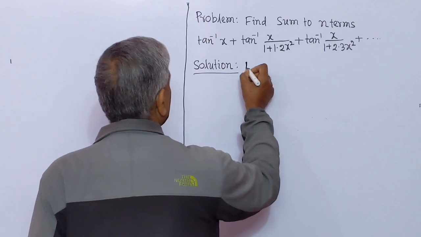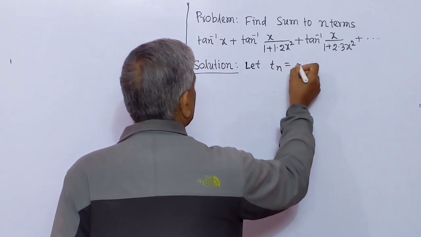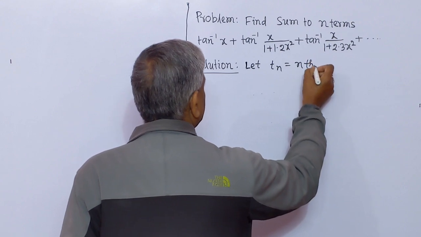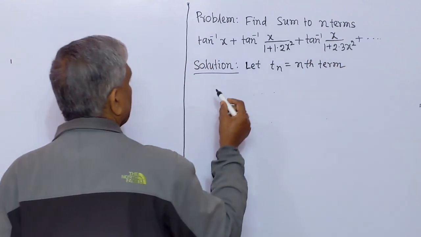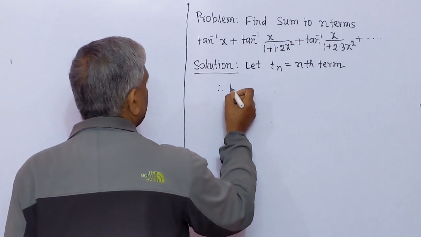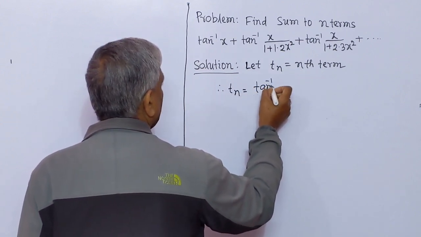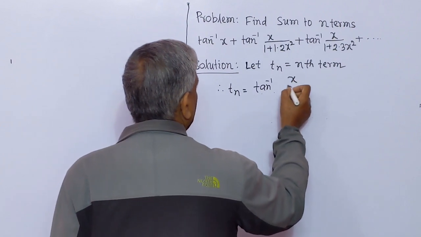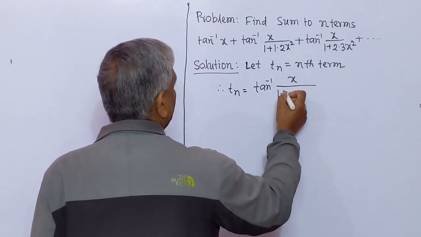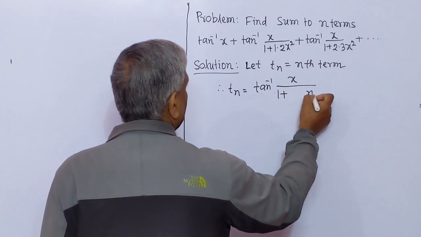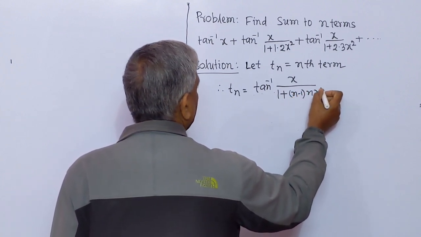Let Tn equal to nth term. Therefore, Tn equal to tan inverse x by 1 plus n into n minus 1 x square.